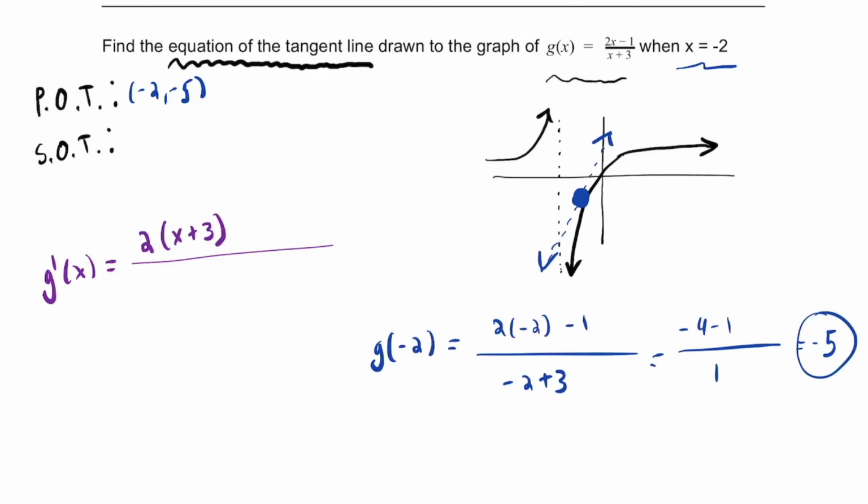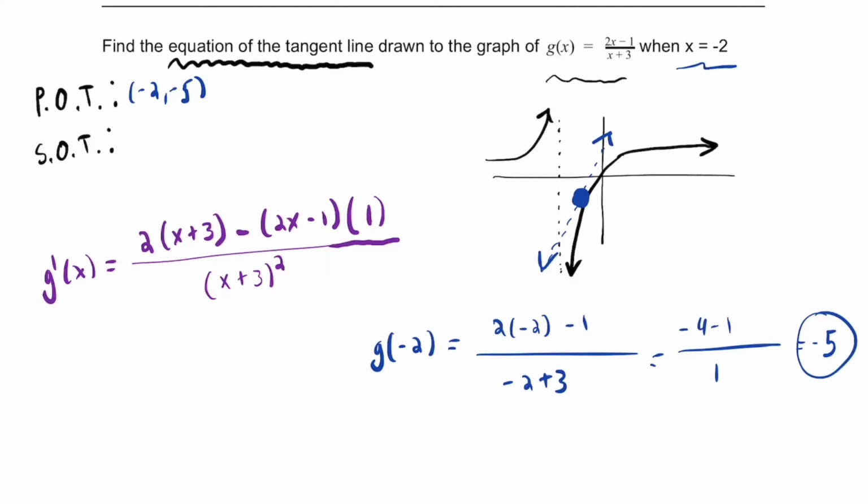So see there, take a pause, notice it's the derivative of the numerator times the denominator, minus the numerator, 2x minus 1, times the derivative of the denominator, the derivative of x plus 3 is just 1. All of this will be over the denominator, x plus 3 squared.